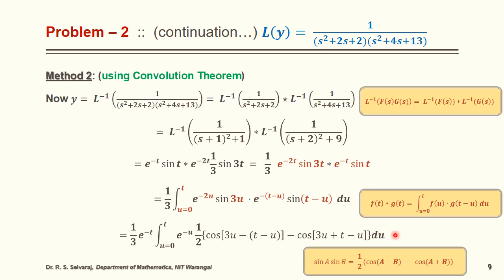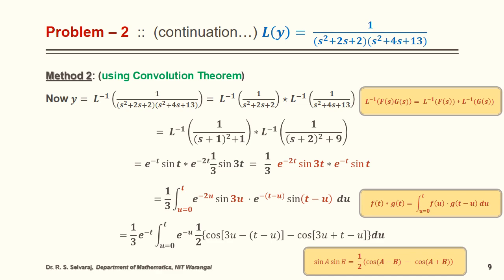Instead of applying the sin a minus b formula here, we will combine sin 3u and sin of t minus u, and apply the sin a sin b formula here, so that you will have only 2 expressions. You need to integrate only twice. Otherwise, you need to integrate nearly 3 or 4 times depending upon the case.